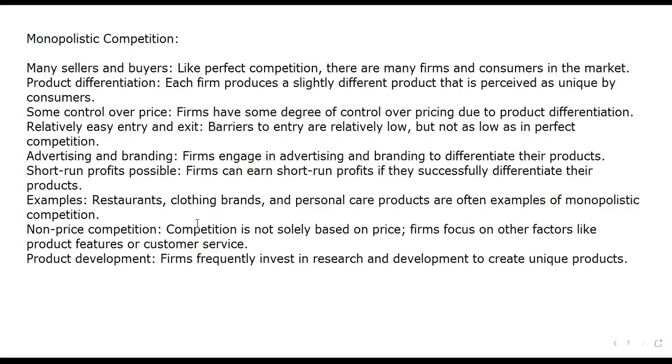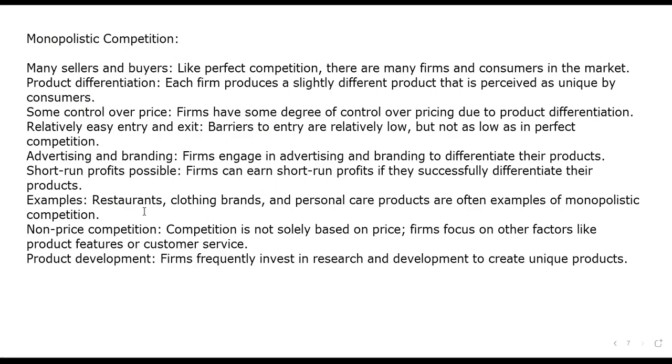We have Colgate, we have Fresh, Aquafresh. All is toothpaste, but different because it's being differentiated. So for that reason, there's some control over the pricing because firms have a degree of control due to their product differentiation. So in terms of barriers to entry, there are some relatively low barriers to entry because it's not as low as in a perfect competition, because of wanting to be unique.